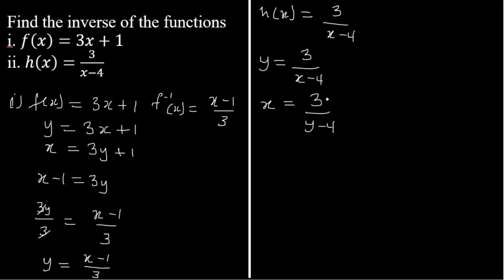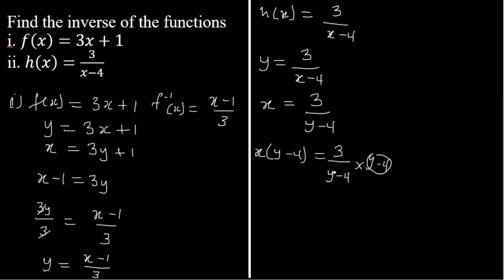And because this equation involves a fraction, we find the LCM. In this equation, the LCM is y minus 4. So we need to multiply through by y minus 4. So we have x multiplying y minus 4 equal to 3 over y minus 4 multiplied by y minus 4.